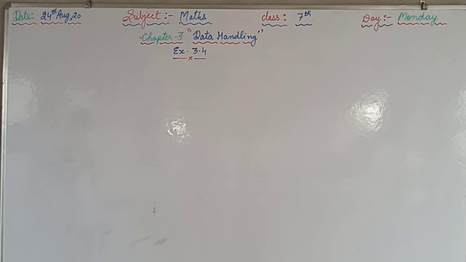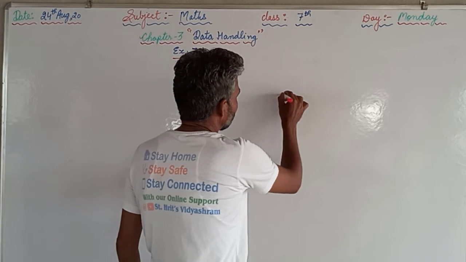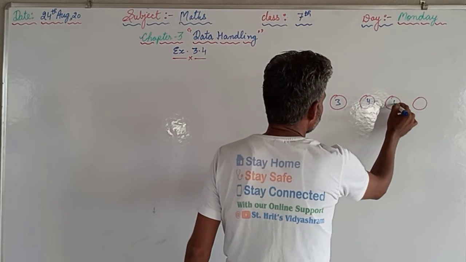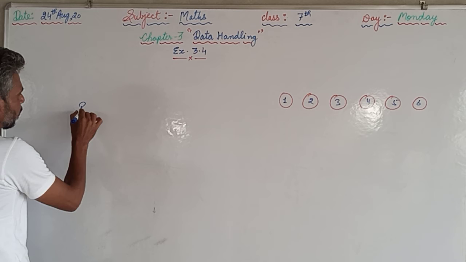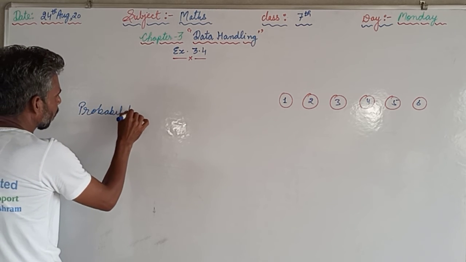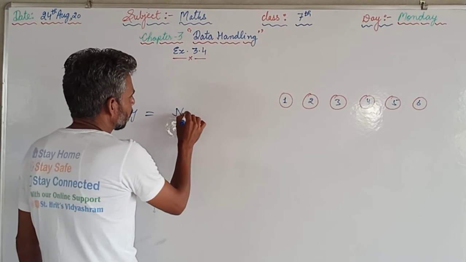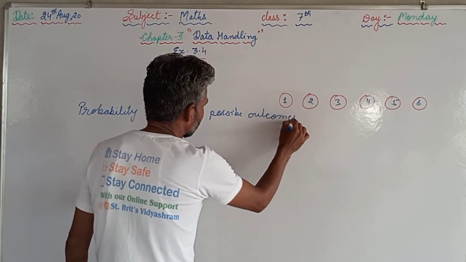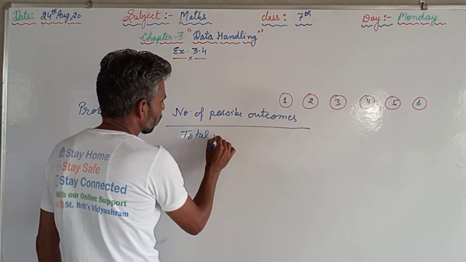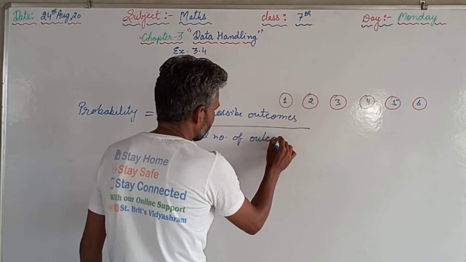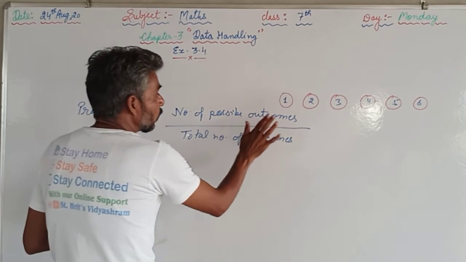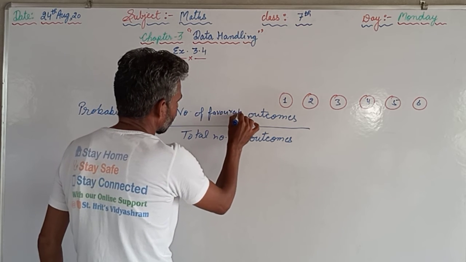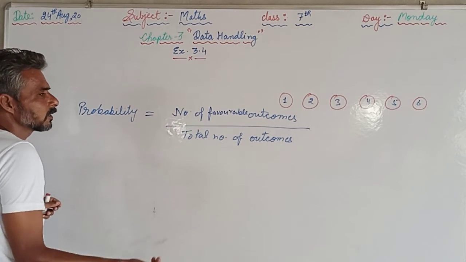What is the probability of drawing a marble with number 2? 6 marbles are there, 1, 2, 3, 4, 5, 6, and the numbers are written on them. So the probability is the number of favorable outcomes upon the total number of outcomes.